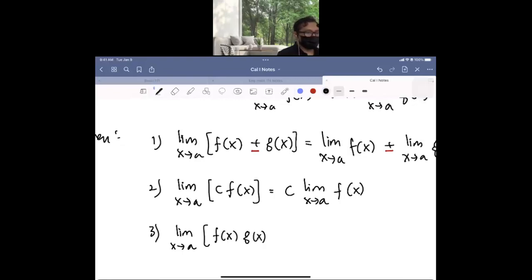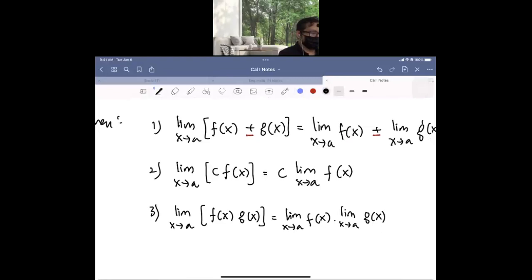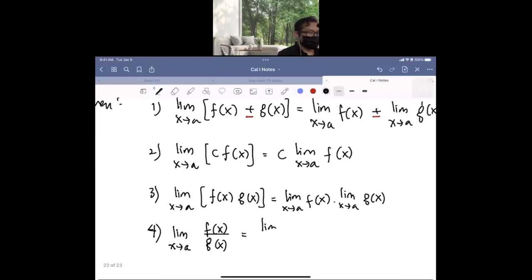If you have multiplication, a product inside, we can also separate it into two limits. And if you have a quotient, we can also separate these two limits.